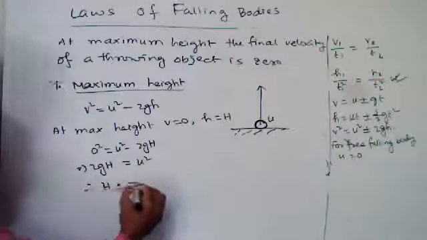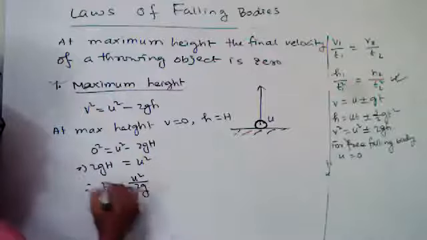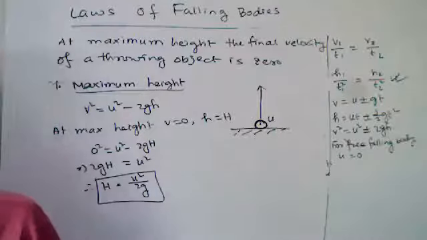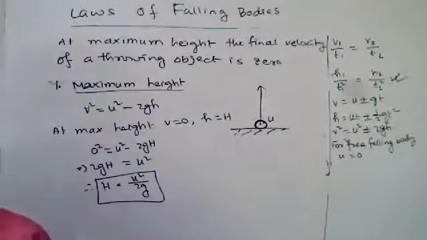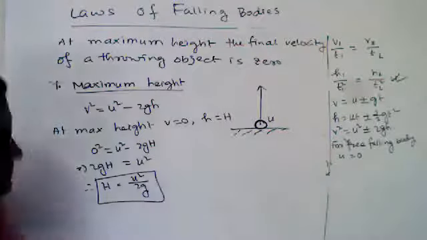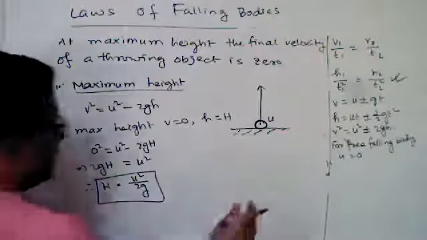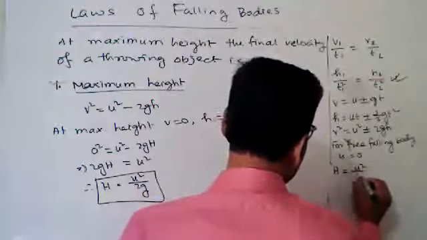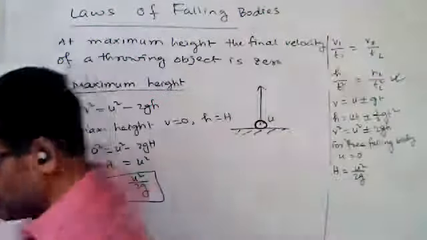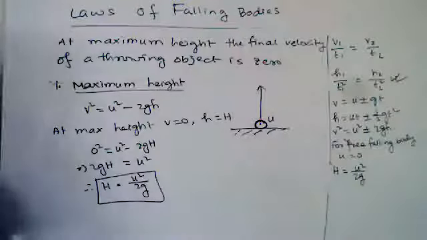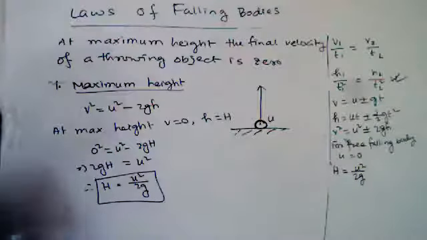So H equals u squared by 2g. This is the maximum height. Understand? You can use this formula to determine the maximum height.